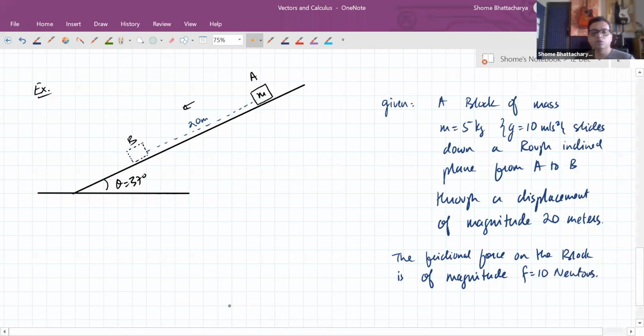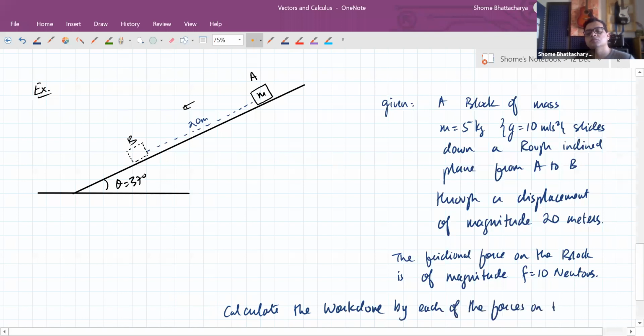Okay, so we want to calculate the work done by each of the forces acting on the block. This is what we want to do in this application example. We want to calculate the work done by each of the forces that are acting on this block as it displaces from A to B. Okay, so you can just try out this question. You can pause the video and try out the question, and I will solve it for you next.